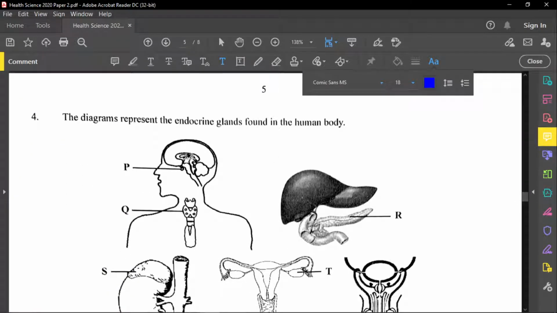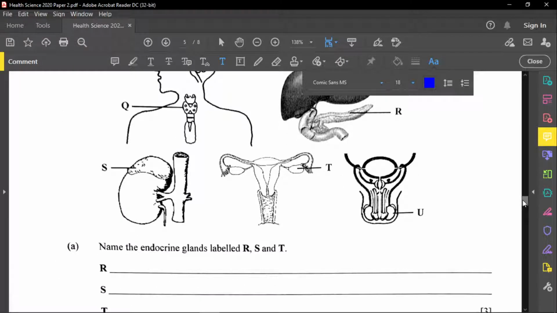For question number 4, the diagrams represent the endocrine glands in the human body. We have some labelings here: P, Q, R, S, T, and U. Here it said, name the endocrine glands labeled R, S, and T. So R here is the pancreas.